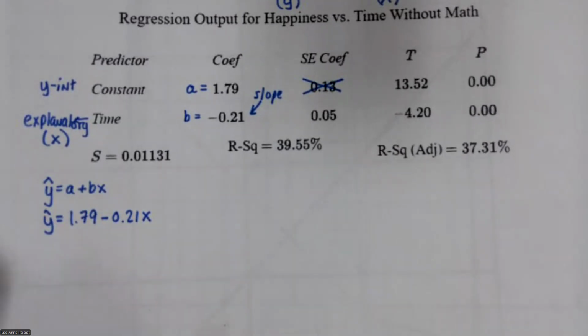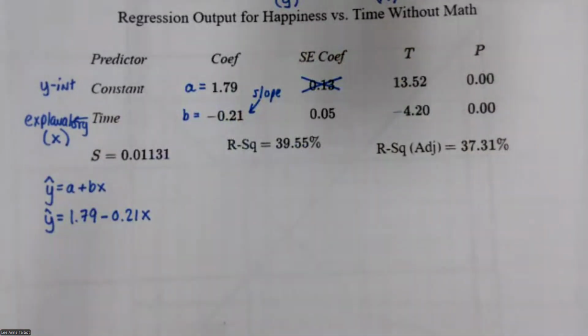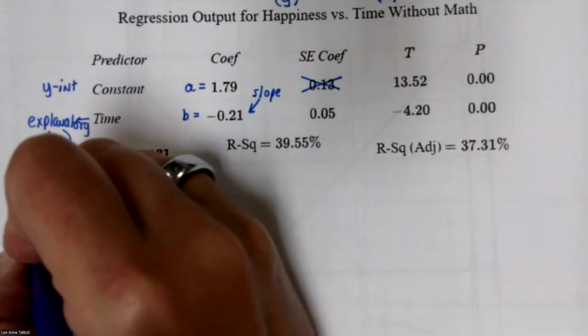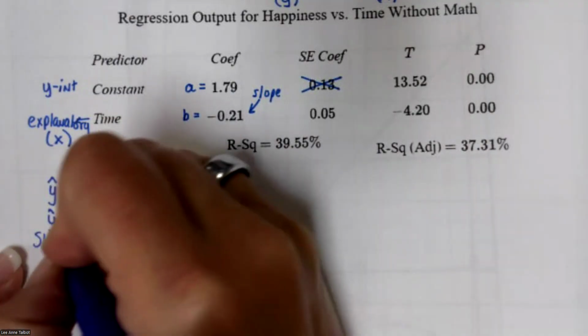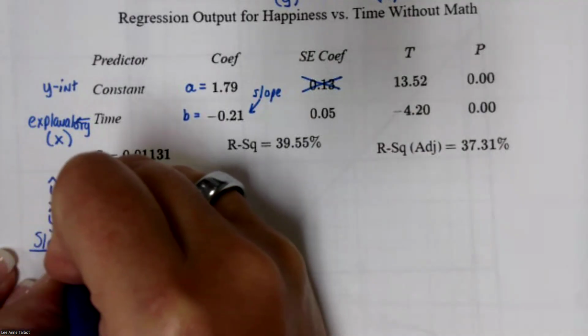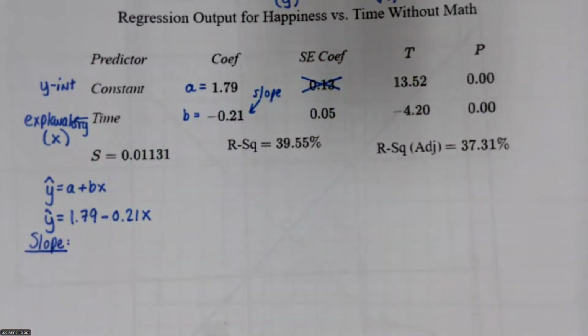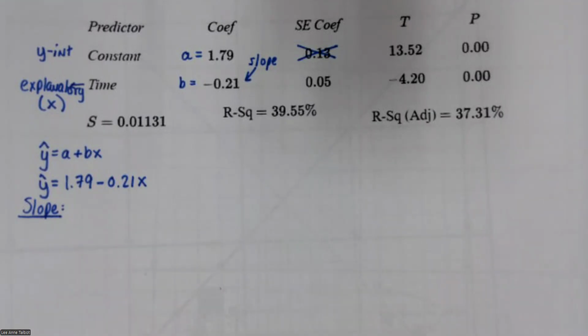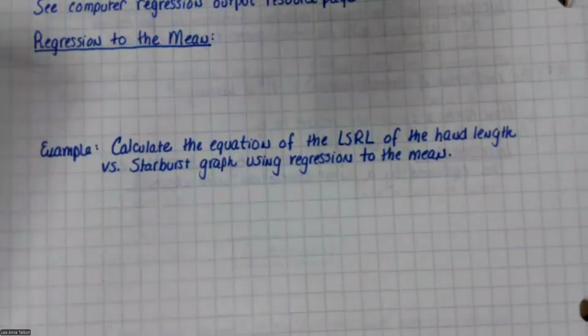Very important things we've learned this chapter. We're going to practice these sentences. Okay, the slope sentence.